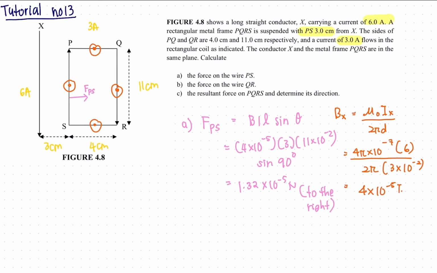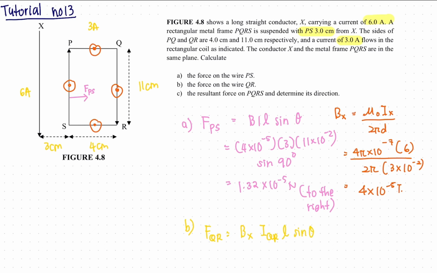Okay, for part B, it asks for the force on the wire QR. Wire QR is similar, so it has B due to X, I QR, L sin theta.